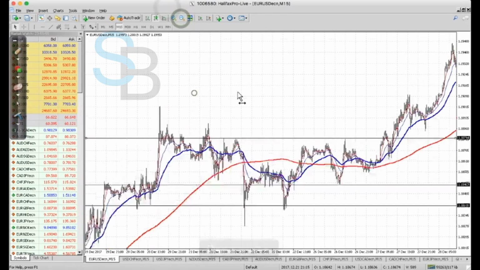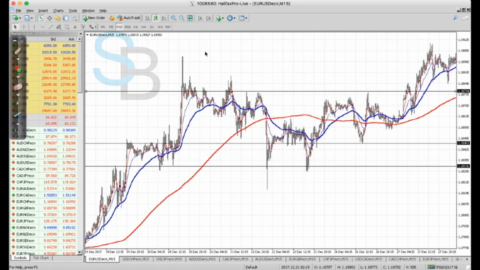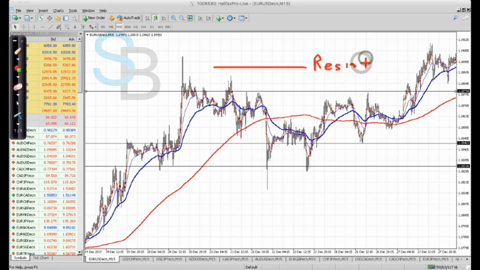Now, the other concept to understand in support and resistance is that support becomes resistance and resistance becomes support. This means that if you have a resistance line here, or zone, I call it a zone, and the price hits the resistance, comes down, hits it, comes down, and if it eventually breaks above that resistance and comes back down again, oftentimes that previous resistance will tend to become support.